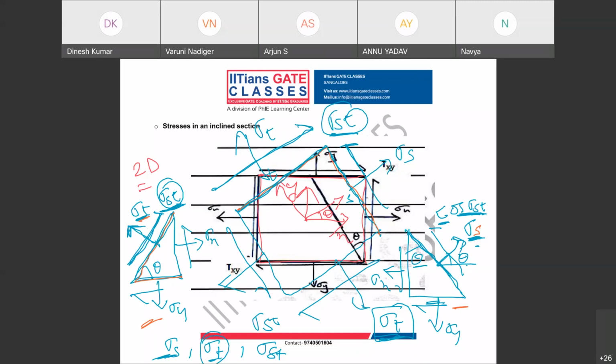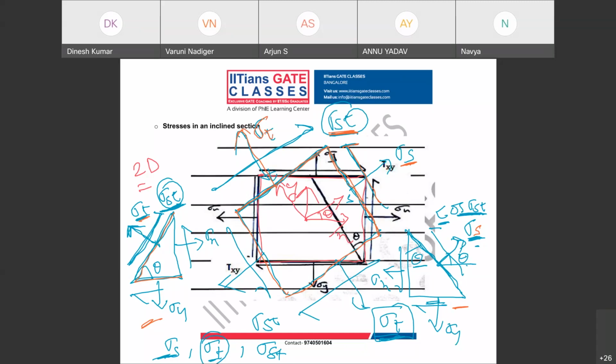Why are these the same? Okay, Priyanshi, if you see this rotated element, this is your rotated element, right? This is sigma s. So the corresponding shear stress is sigma st. Now if you see here, what is the normal stress?